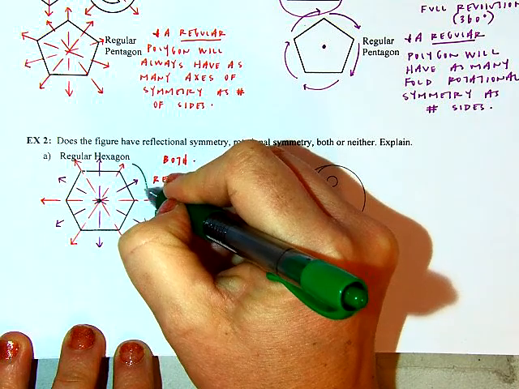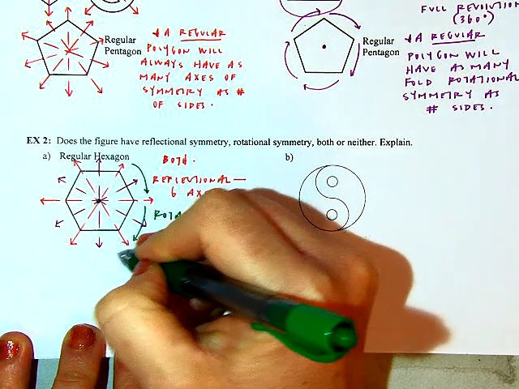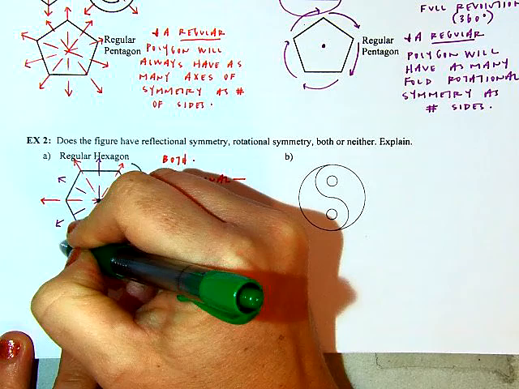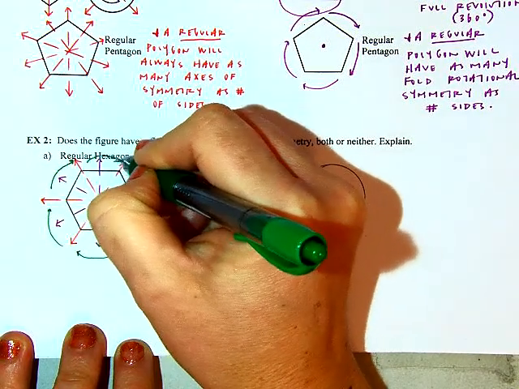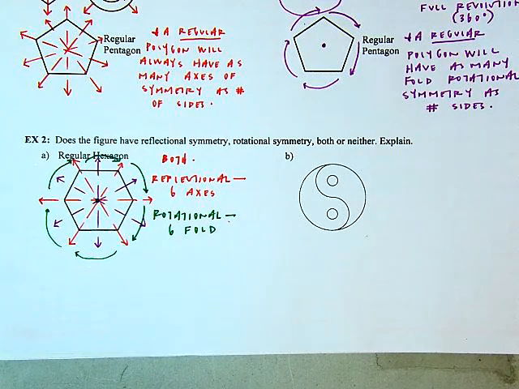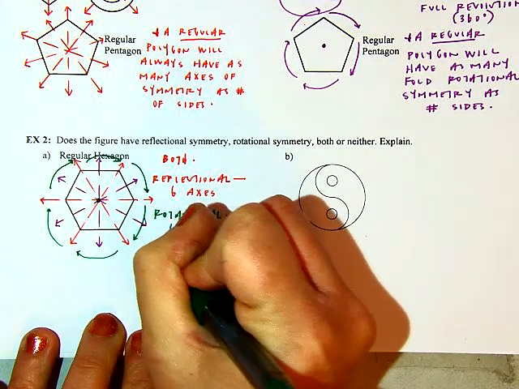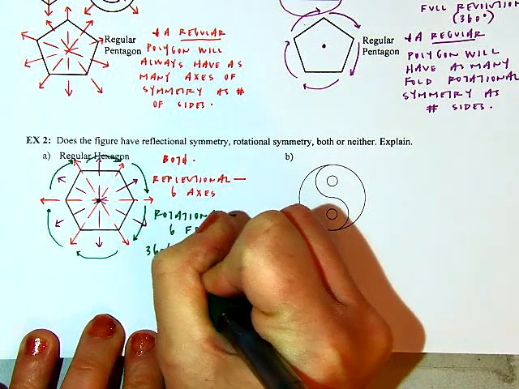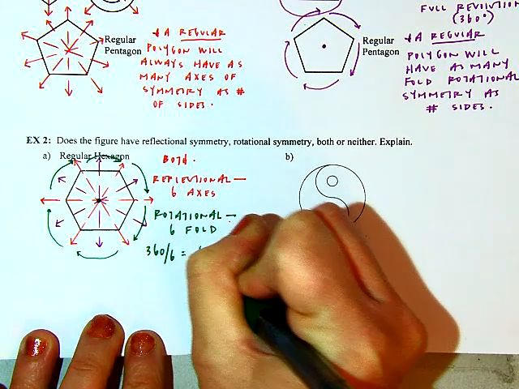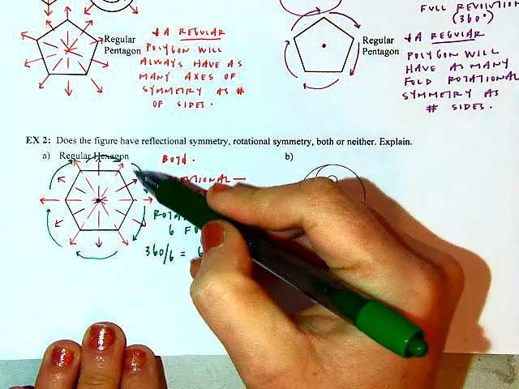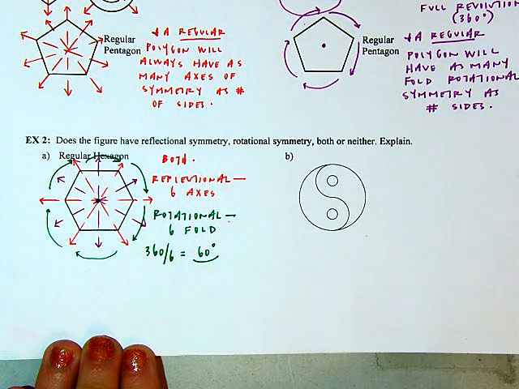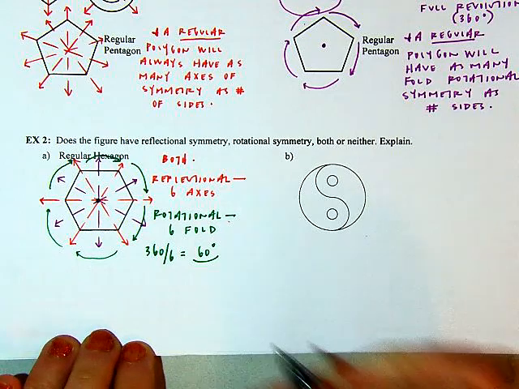We're rotating once, twice, 3 times, 4 times, 5 times, and 6 times until it gets to its original orientation. If I want to express that as a degree measure, I take the 360, that's 1 full revolution, I split it 6 ways, and that gives me 60 degrees. So that's telling me that every crank, every time I rotate, I'm rotating every 60 degrees.